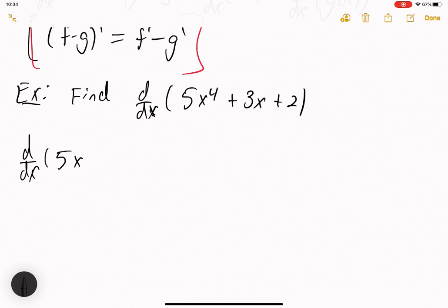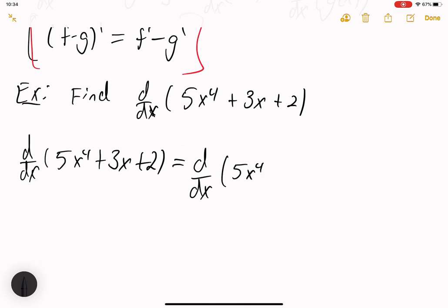So 5x to the fourth plus 3x plus 2. The first thing we can note is, similar to what I just said, you can break up the derivative over the sum. You get d of dx of 5x to the fourth plus d of dx of 3x, then plus d of dx of 2.